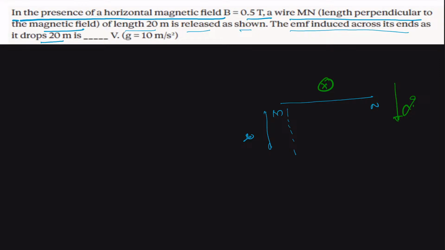So at this point we are going to find out the velocity, that is v, and initially it was dropped, so u is equal to 0. As we know, a is equal to our g.